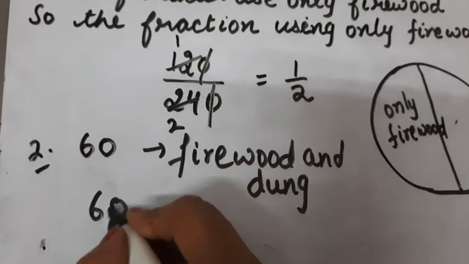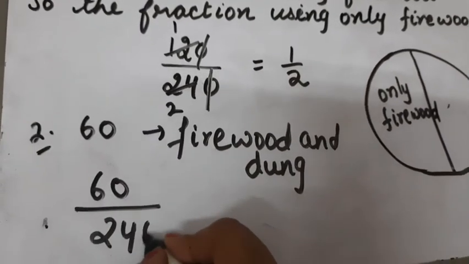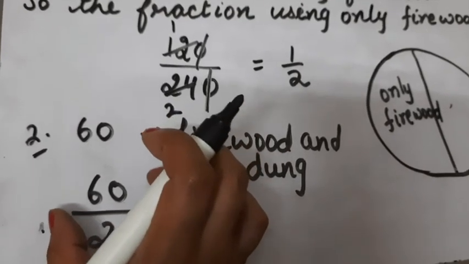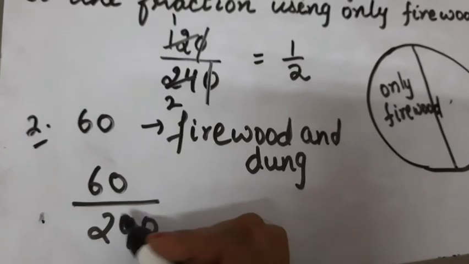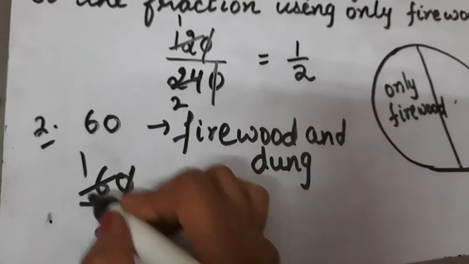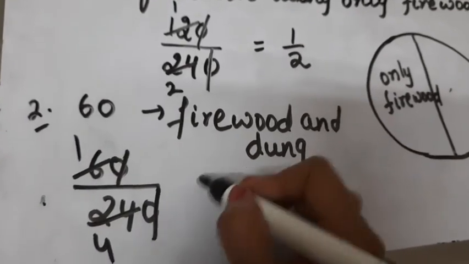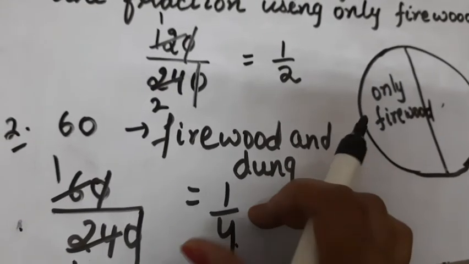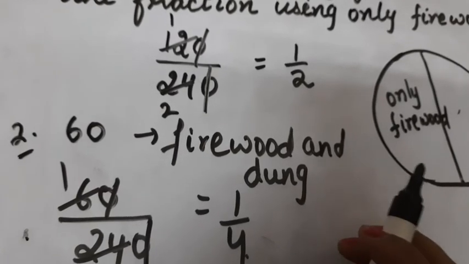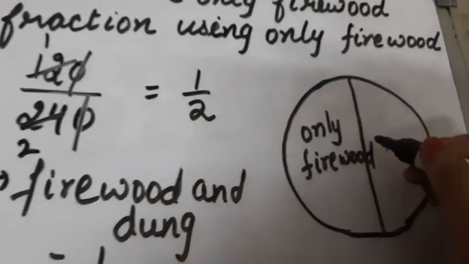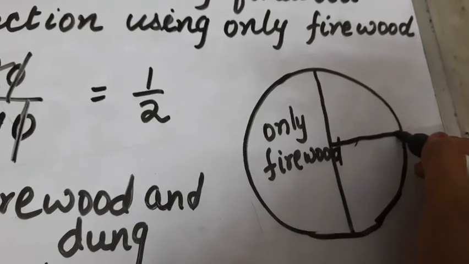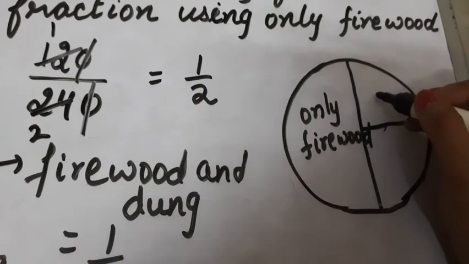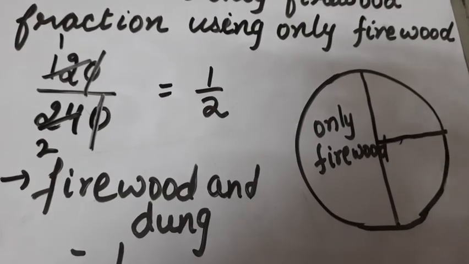Fraction will be 60 out of 240 because there were 240 families, and out of that 60 families use firewood and dung. 6 ones are 6 and 6 fours are 24, so 1/4. So 1/4 of the families use firewood and dung for cooking and heating. So 1/4 of the circle, this 1/4 part, shows firewood and dung.